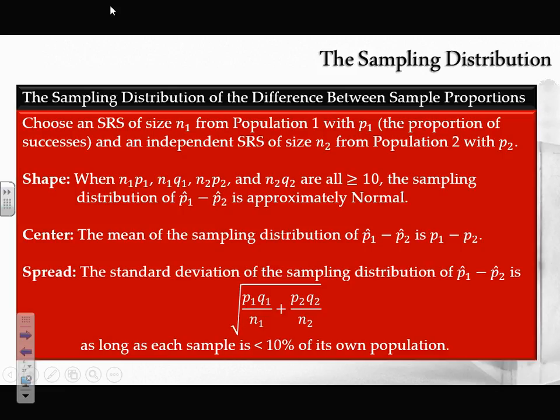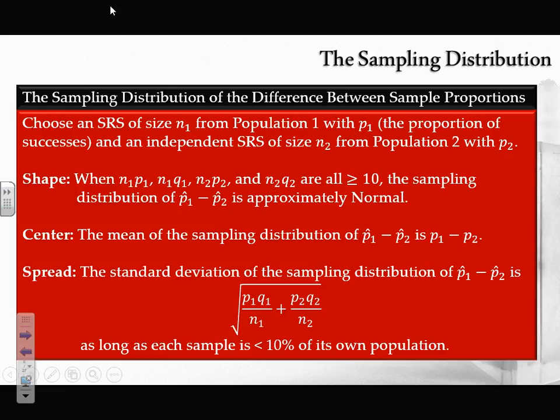Now for the center of our sampling distribution, so the mean, if I'm going to take the mean of two sample proportions, it should line up exactly with the population proportions. So if I take P1 minus P2, that's going to give me the exact center of my new distribution.